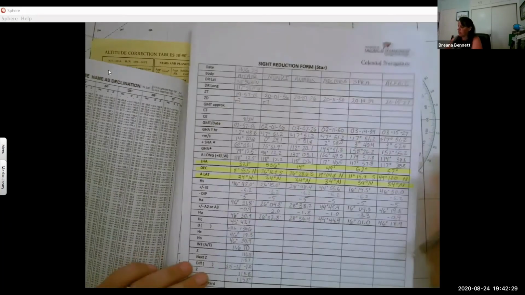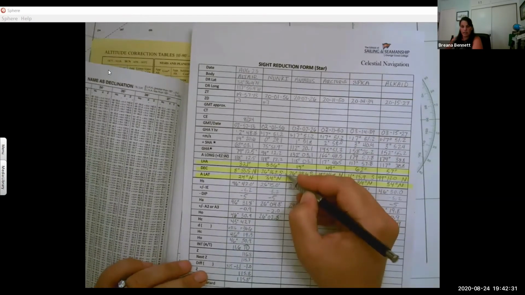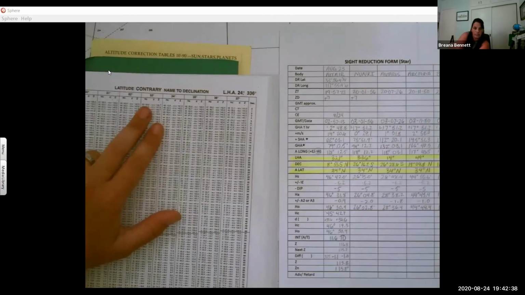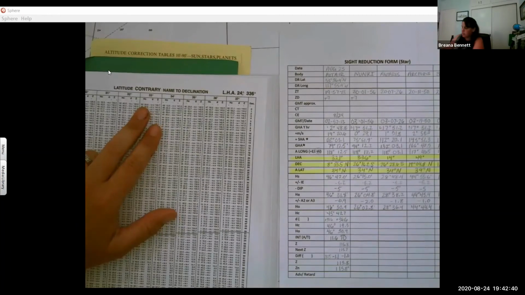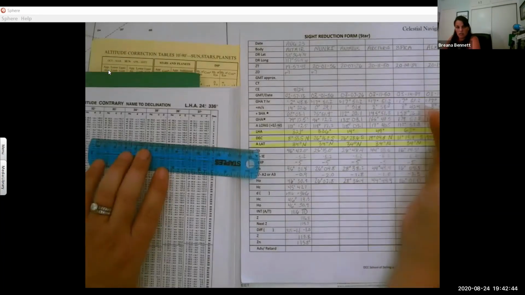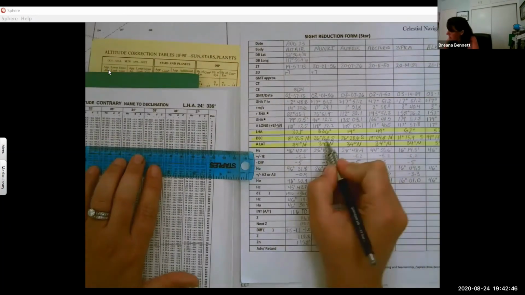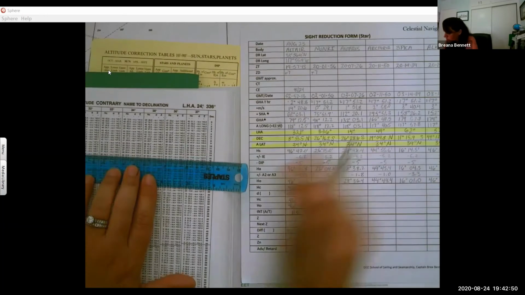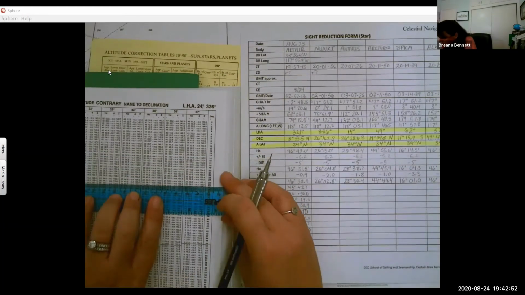336, and we are contrary. We have a north and south. So we are contrary. And our declination was 26 16.2. So 26.